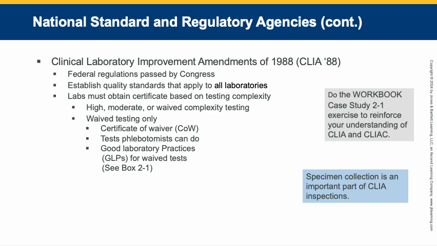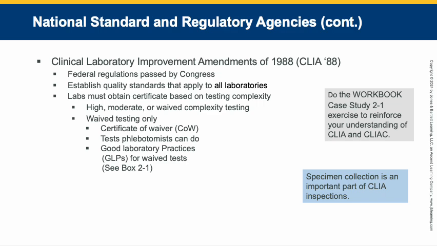The aim of the standards is to ensure the accuracy, consistency, and reliability of patient test results, regardless of the location, type, or size of the lab. To assist in administering these regulations, they have the CLIA Laboratory Improvement Advisory Committee, or CLIAC. This was formed to help.